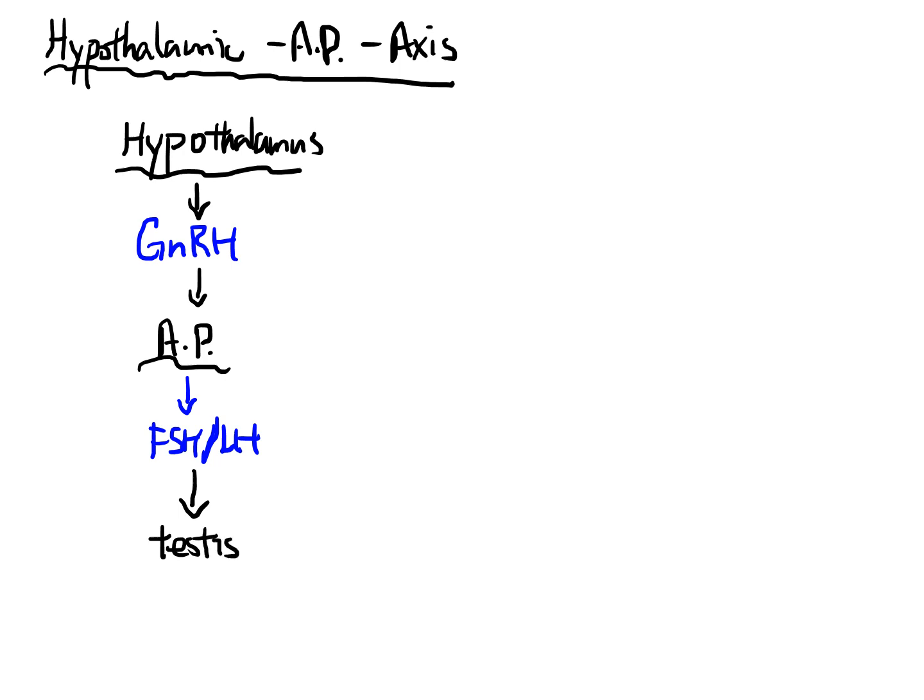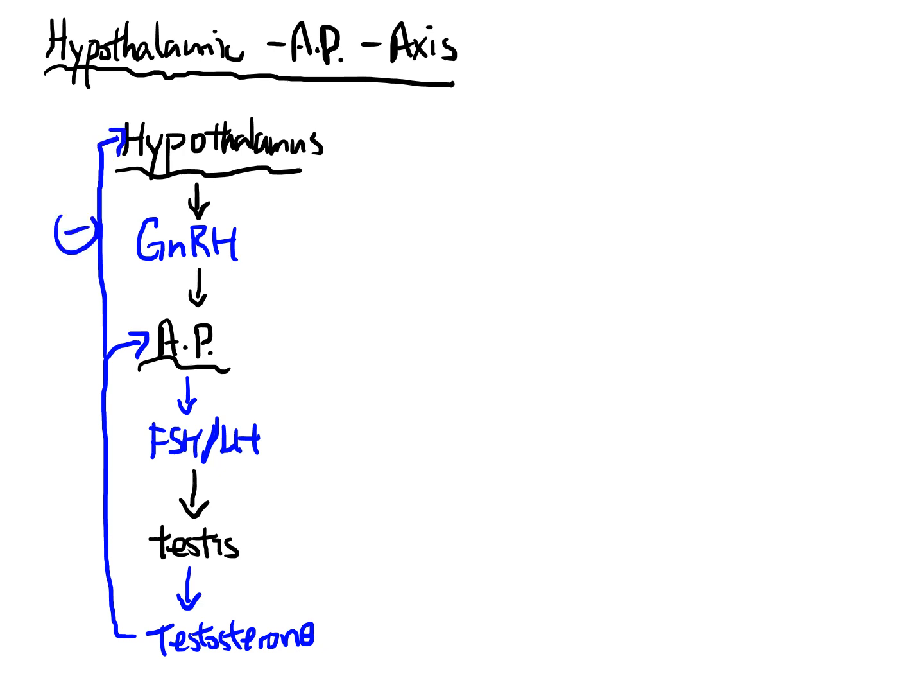In response to the FSH and LH, it will release testosterone, and the testosterone is going to promote spermatogenesis, which I'm not going to put down here. And if you remember, the testosterone actually will travel back to the anterior pituitary gland and the hypothalamus, and it will exert a negative feedback so that you don't produce an excess amount of testosterone. So it kind of regulates back onto itself.